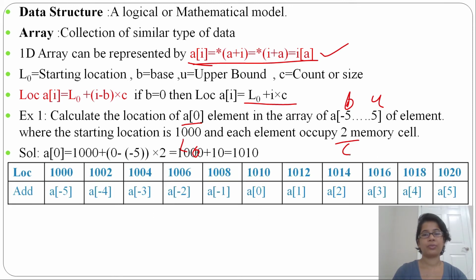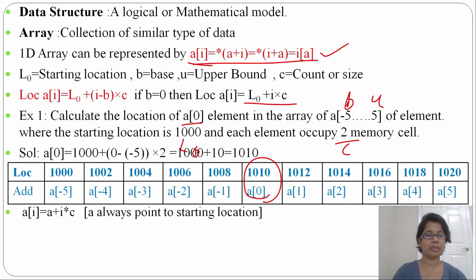So how will it be stored in memory? Actually in memory it is just like a single tape, and every data occupies two memory cells. So A[-5] will be at 1000, A[-4] will be at 1002, plus 2 each time, and like that A[0] is at 1010.